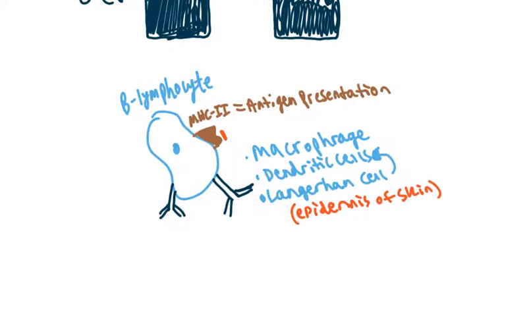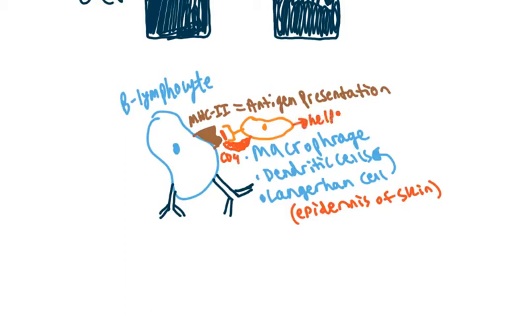And so any antigen presenting cell will have MHC type 2 protein complex on it because that's what it needs in order to present its antigen to a helper T cell. A helper T cell can come along here, as we recall from our previous videos, with its T cell receptor and its CD4 glycoprotein.